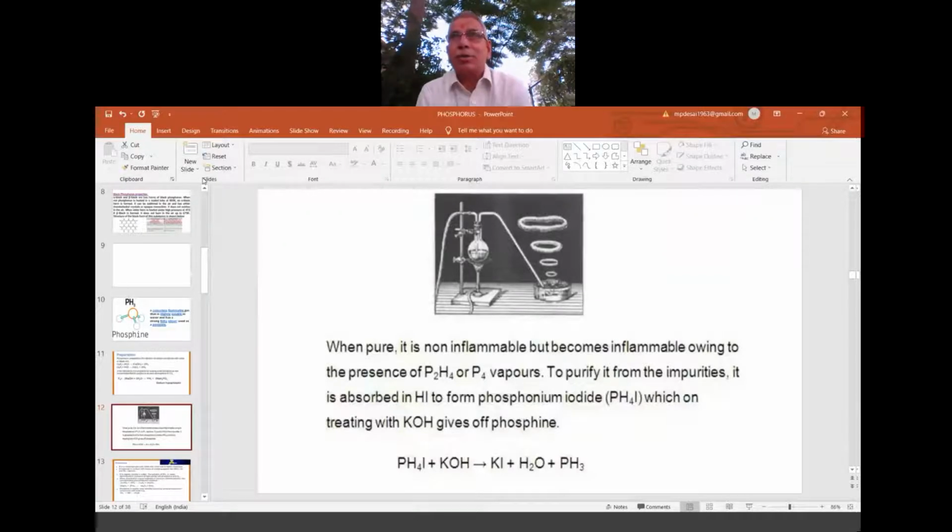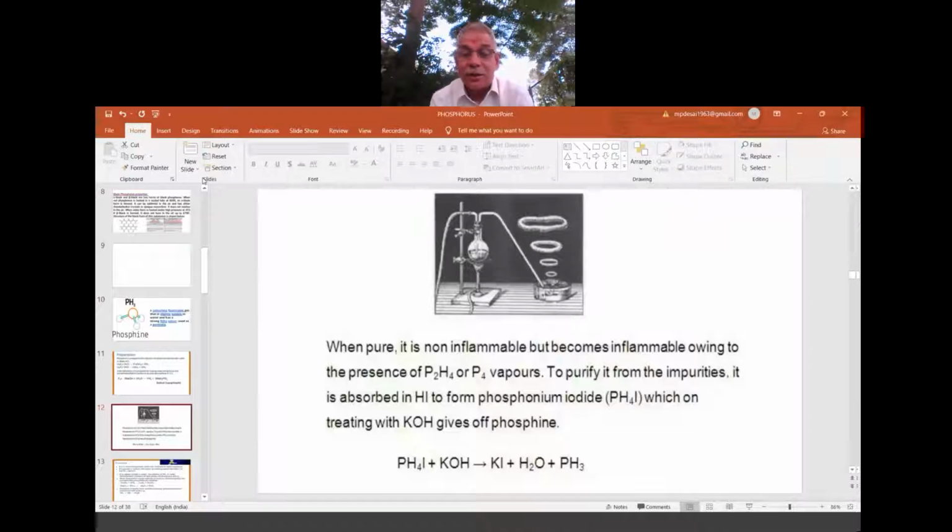We have seen many ammonium compounds, ammonium iodide, ammonium chlorides, all called ammonium halides, which are salts, more of ionic. In the same way, being the second member, PH3 is converted into PH4I, phosphonium iodide, like ammonium iodide. That is collected because it is easy to store phosphine in the form of phosphonium iodide.